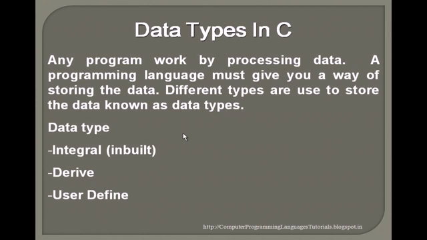If you want to store all these in memory, then it needs different memory space. Therefore your data is stored in different types. What are the types? The first type is integral, then derived and user defined. We will discuss it as per requirement.